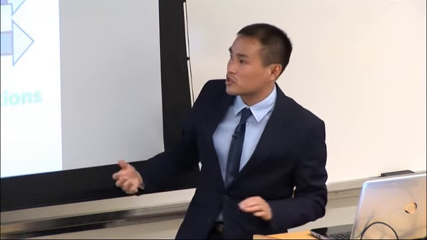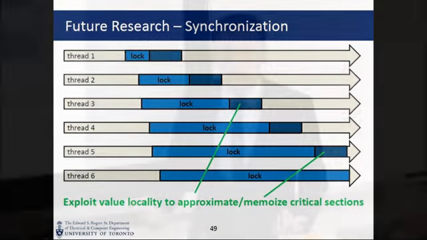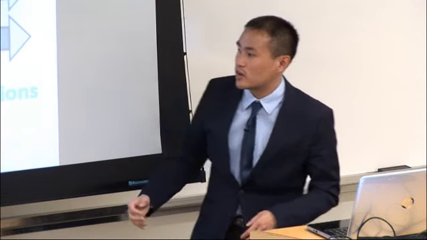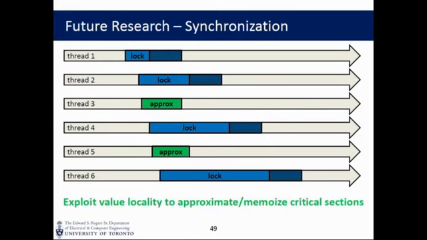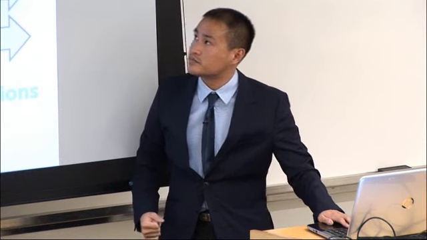Now, given that, we could exploit a lot of the notions I was discussing before: because this is just information, can we estimate that information? And if these are regular operations, can we exploit that value locality to effectively approximate or memoize these critical sections, and do this in a throttled or sampled manner, and save ourselves significant synchronization overhead to improve the scalability of these massively parallel applications?